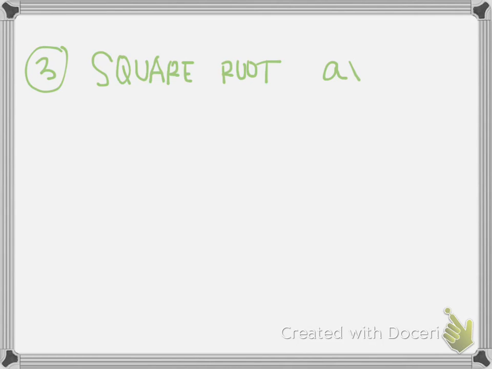Our third way is by the square root method. And this one's special because there is no b term. So remember, it is only the square term and the c term.